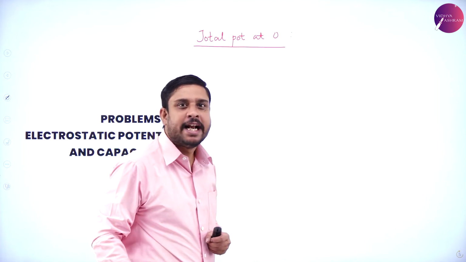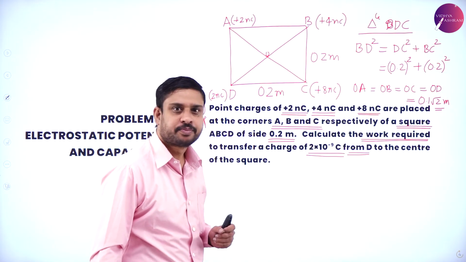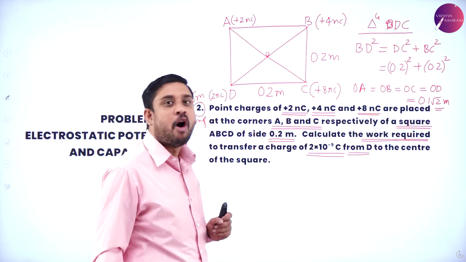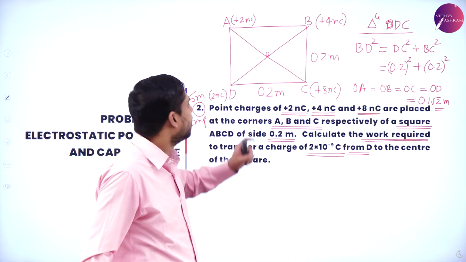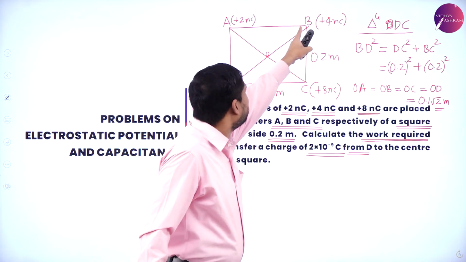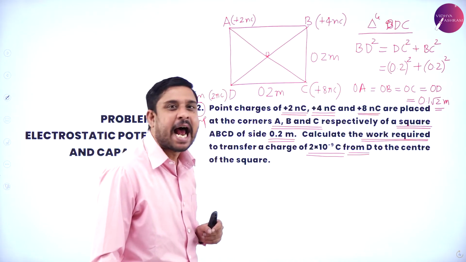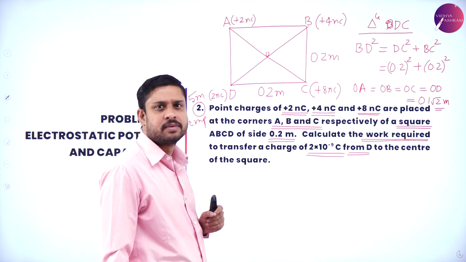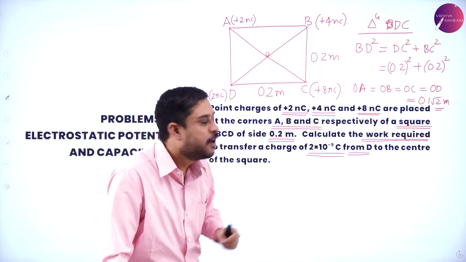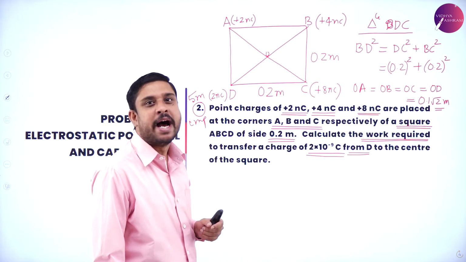I am calculating the total potential at O, which will be the sum of potential due to charge at A plus charge at B plus charge at C. Is charge at D coming into picture when you calculate potential at O? No. Why?